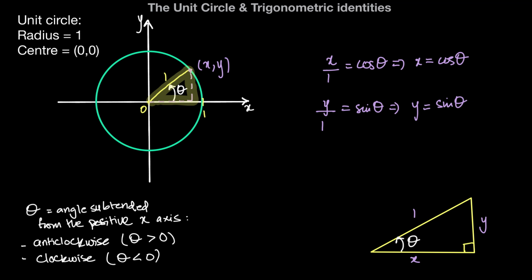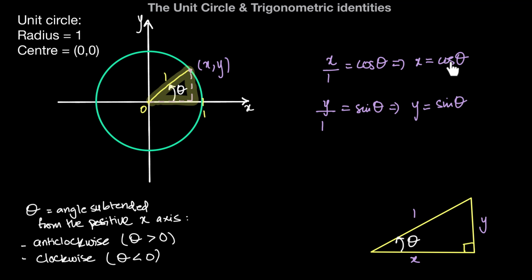So then we can say, from our previous understanding of right angle triangles, we know that the sine of theta is just the side opposite the angle theta divided by the hypotenuse, which is just the radius here, which is 1. So sine of theta is equal to y over 1. So we can say that the y coordinate is just equal to sine of theta. And we can say that the x coordinate is the side adjacent to this angle theta divided by the hypotenuse, which is just x over 1, which is equal to cosine theta.